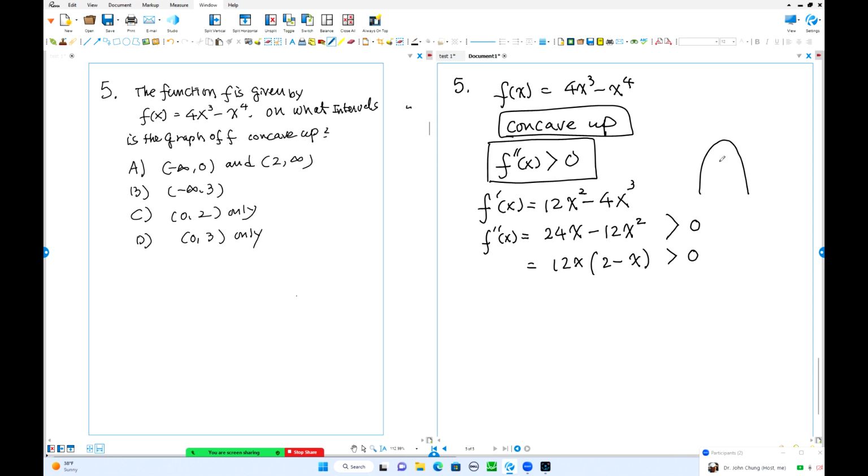The quadratic graph opens downward. Now let's find the x-intercepts. The graph passes through x equals 0 and x equals 2. This is a graph of y equals f double prime of x, not the original function.